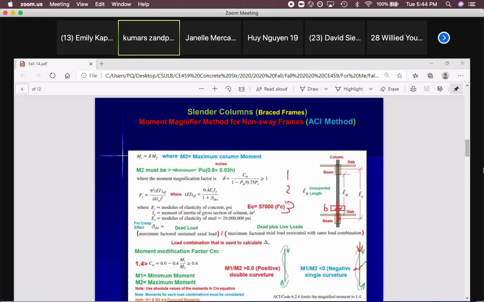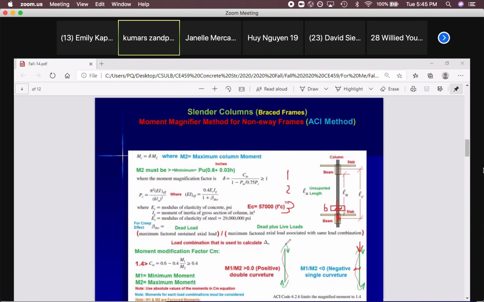As I mentioned, if you get more deflection, you will get a bigger P-delta effect moment. So how can we consider that? By this one, consider this negative. This negative will give us a bigger Cm. A bigger Cm will give us a bigger delta. It means that it magnifies the existing moment on the column even more.